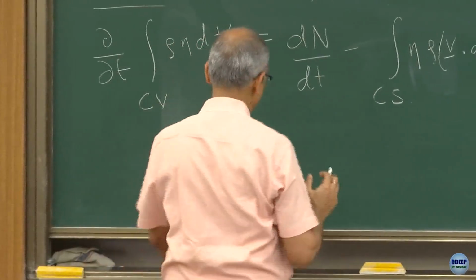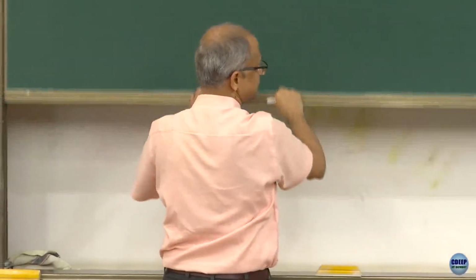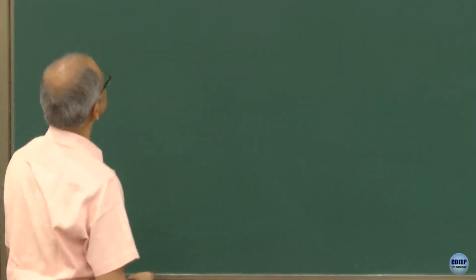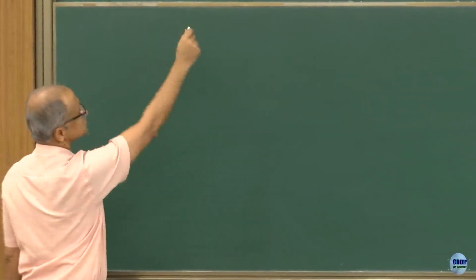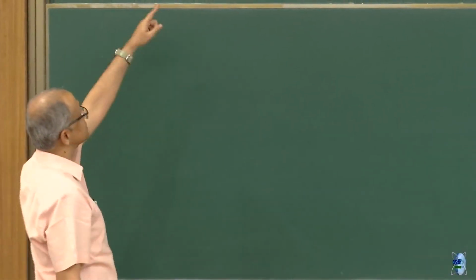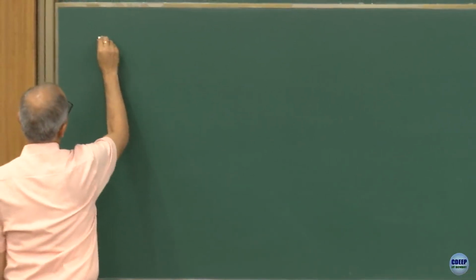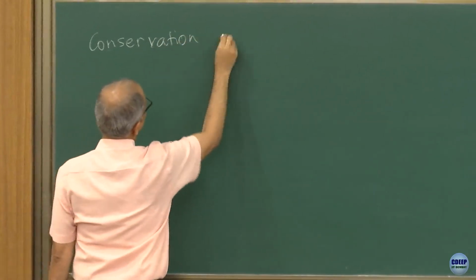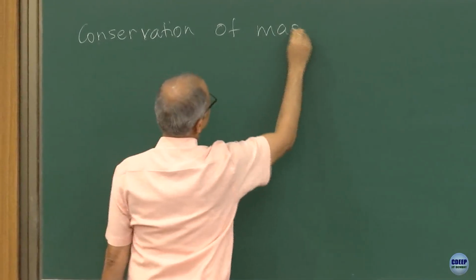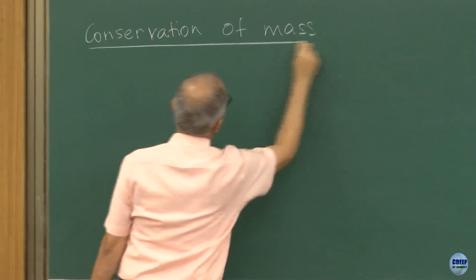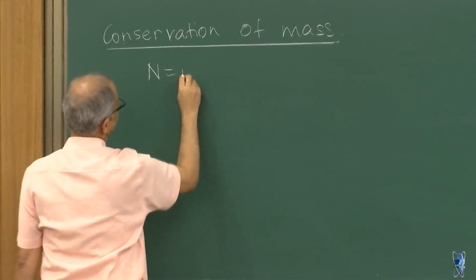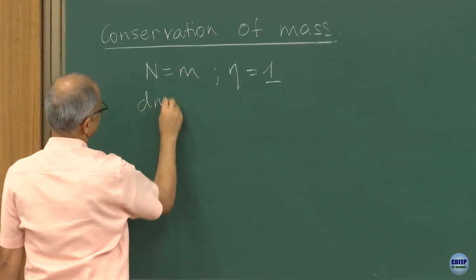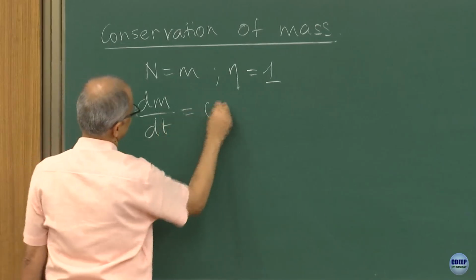From here, we derived our conservation of mass and momentum. To derive conservation of mass, we put eta equal to 1, and we said N is equal to M and dM/dt is equal to 0.